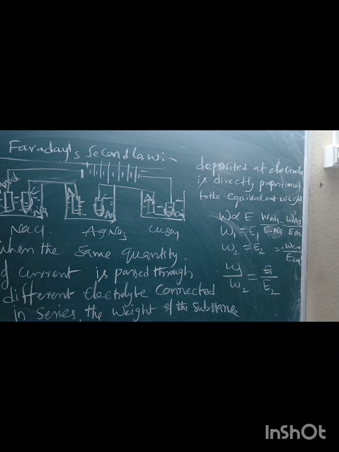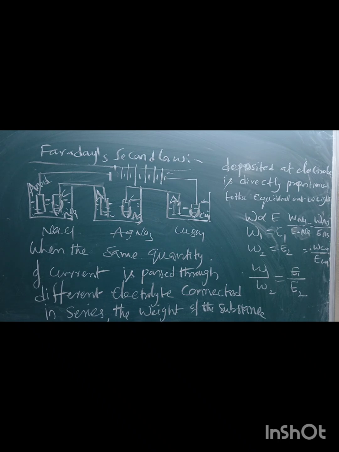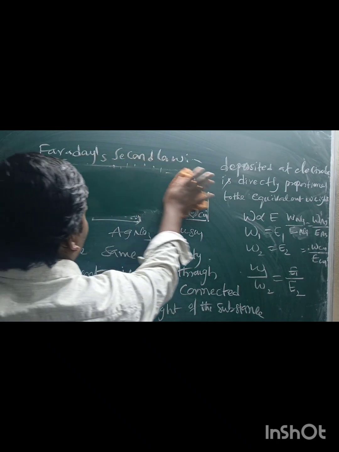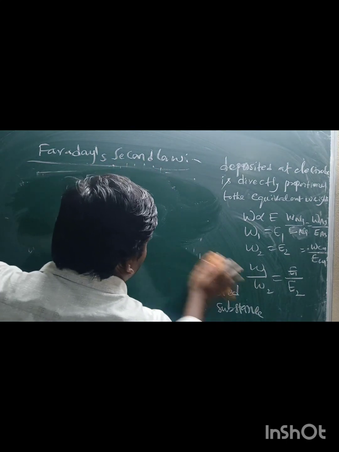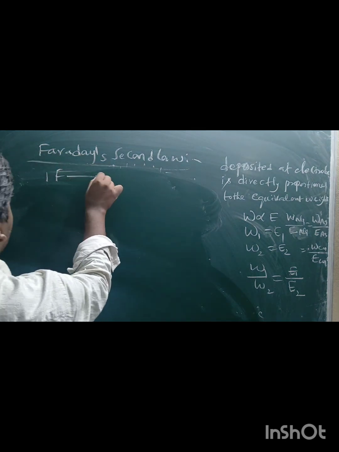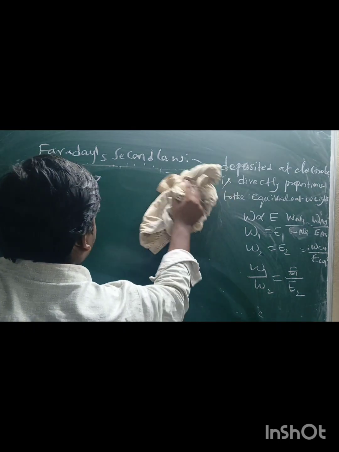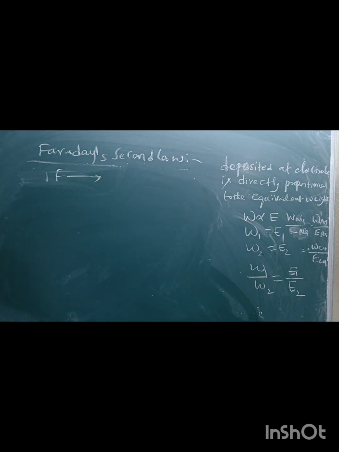The amount of substance deposited by passing 1 Faraday charge through an electrolyte is equal to the gram equivalent weight.